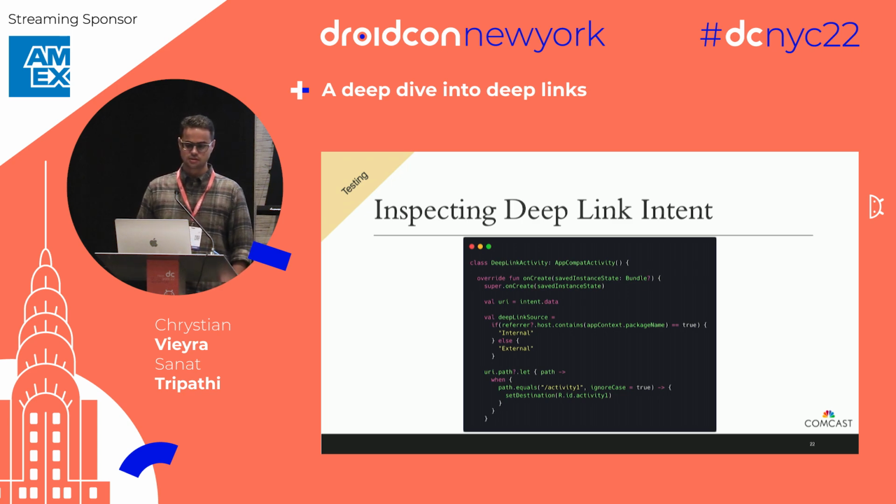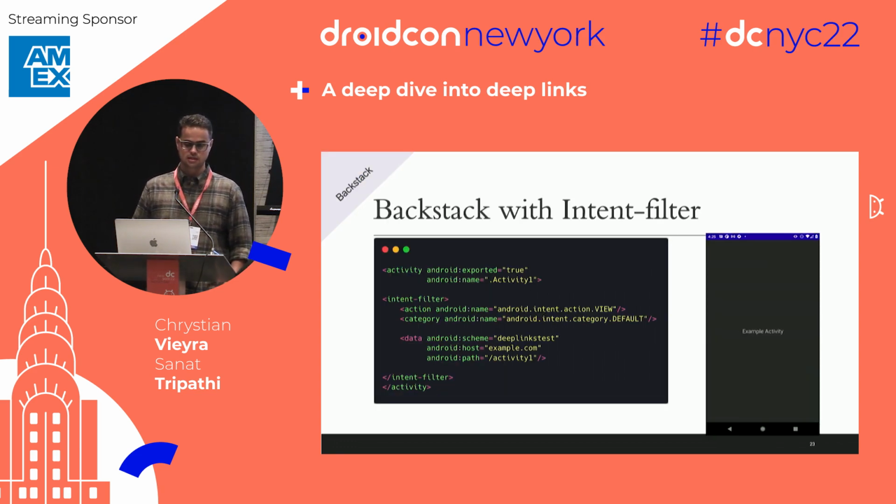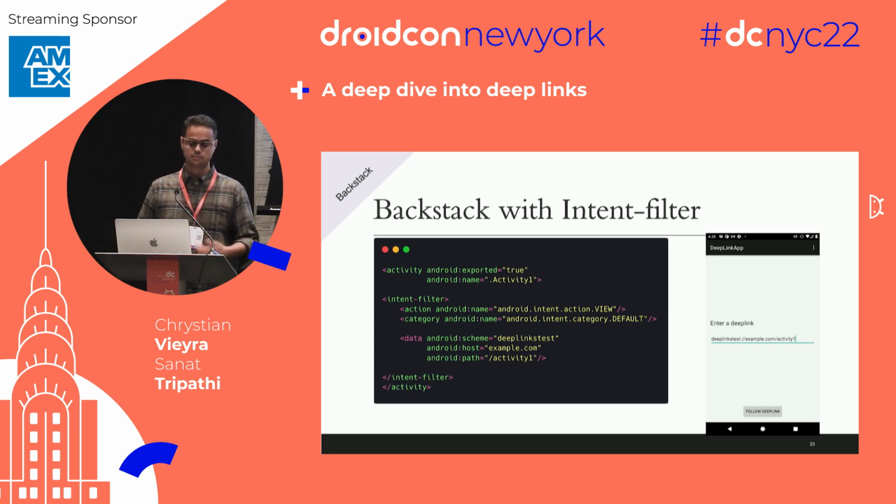There is also a referrer host property on the activity itself, and you can use that to figure out which package actually invoked your activity. Based on this, you can tag information like whether it was invoked from within the app or from an external process.